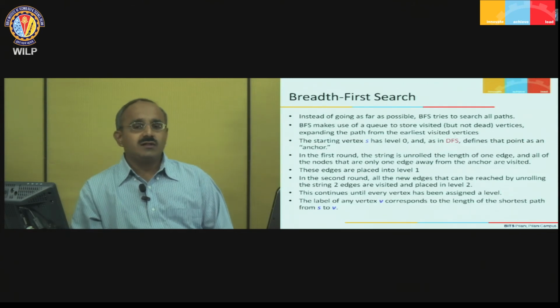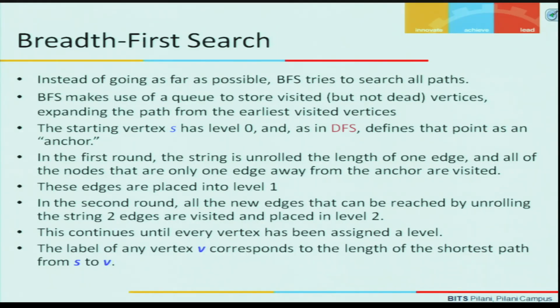Let us look at the other procedure, which is breadth first search. Unlike in DFS, where you follow a path as far as possible, BFS tries to search all the paths starting from the source vertex. What it does is it looks at S, which is the source or origin vertex, looks at all the edges incident on S, and explores them first before exploring the other edges.